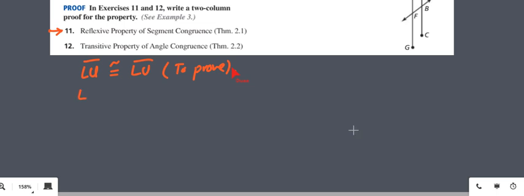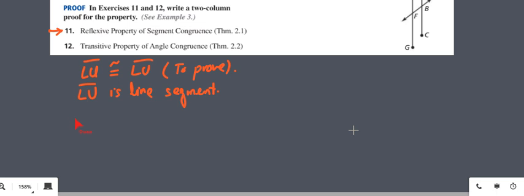We are given that LU is a line segment. So we have to prove it with the help of a two-column proof.